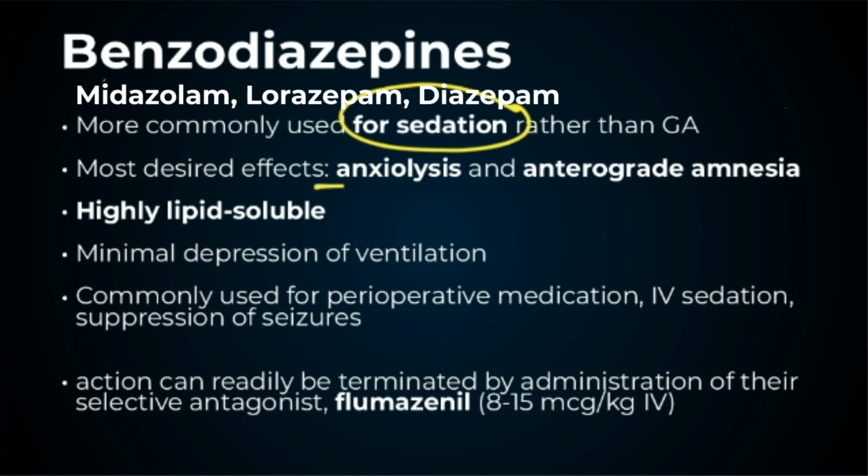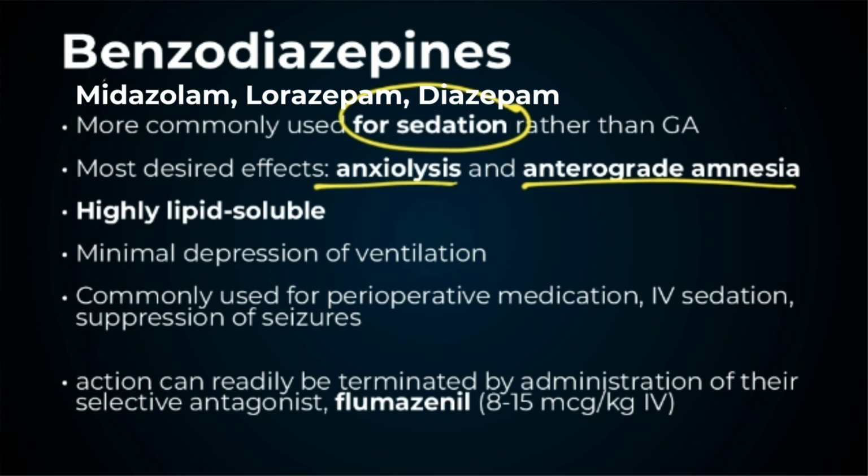The most desired effects of benzodiazepines are relief for anxiety and anterograde amnesia. So these are useful for pre-medication in patients who are anxious for their upcoming surgery. This can be given to patients before surgery.